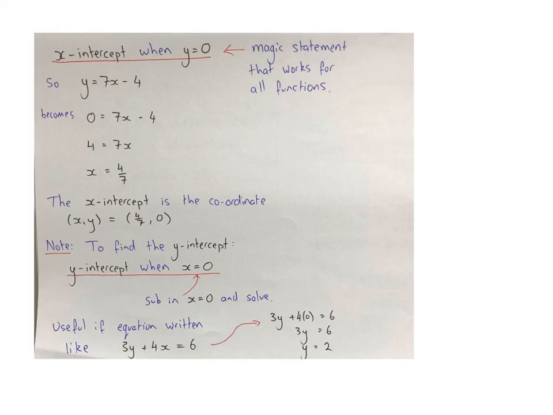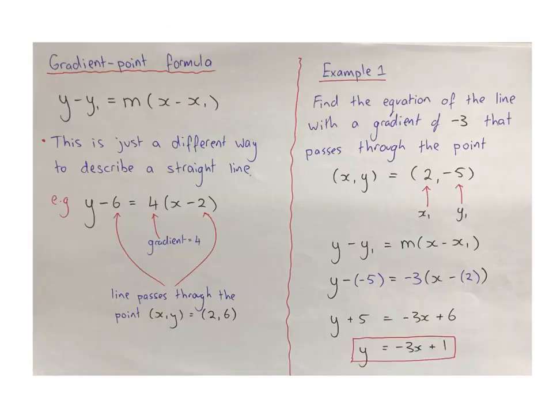How we'll do that is sub in the condition when x = 0 and solve for y. So if you want to sketch any straight line given in any strange form, you can find the two intercepts by subbing in y = 0 and solving, and then you can sub in x = 0 and solve for the y-intercept, and then produce a quick sketch.